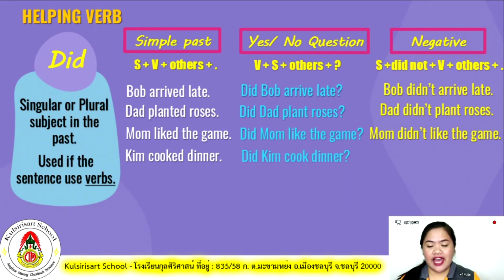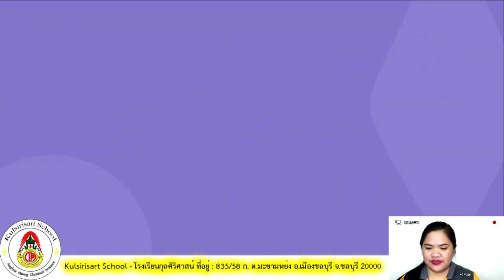Next, we have Kim cooked dinner. It will become, very good, did Kim cook dinner? And in the negative, it will become, what is the subject? Very good. Kim didn't cook dinner.